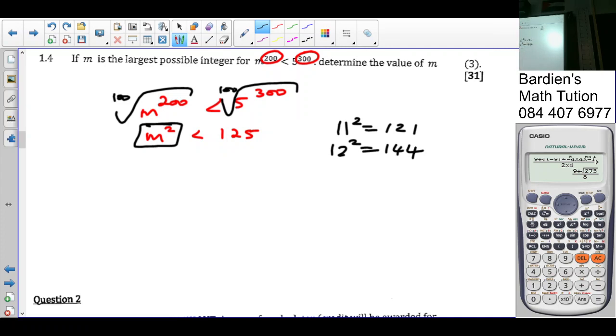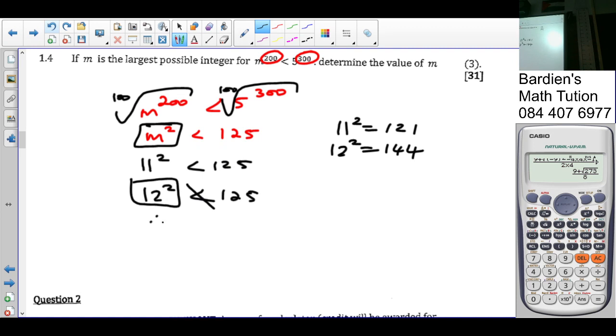So if m was 11 squared, does that fit the inequality? Is 121 less than 125? Yes. So that is still true. Let's test for 12. Is 12 squared less than 125? Remember, this is 144. Can this be the case?